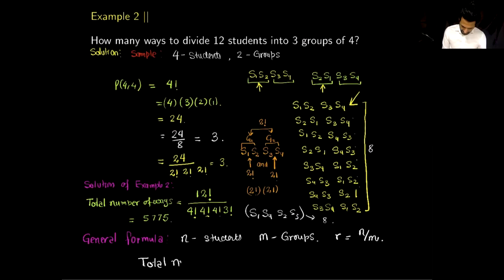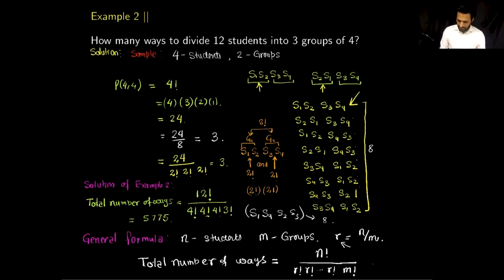The total number of ways will be n factorial divided by r factorial, and so on up to r factorial, m times, and then m factorial. So this is our general formula to calculate the number of ways to divide n students into m groups, where each group contains r students.